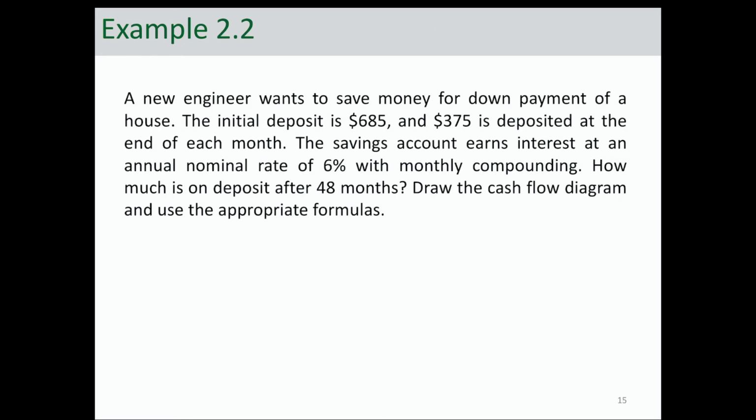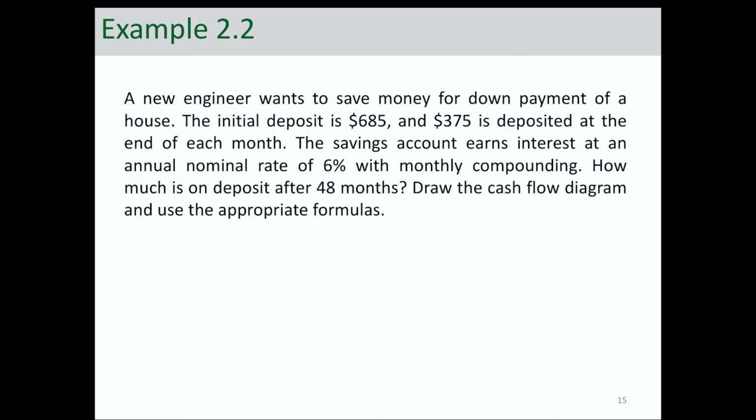Let's go ahead and look at the next example here. The next example is a little more sophisticated. This one is saying a new engineer wants to save money for a down payment of a house. The initial deposit is $685 and $375 deposited at the end of each month.